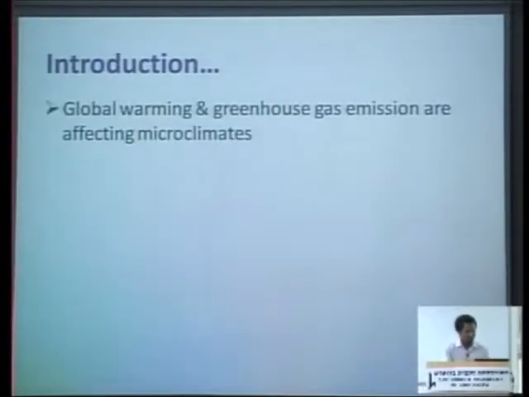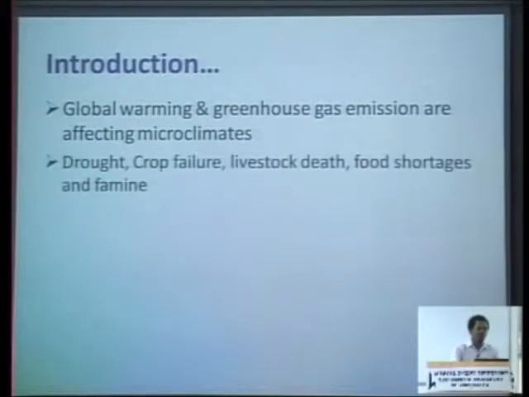As an introduction, everybody is aware of the current global warming, and greenhouse gas emissions are the most important climatic factors affecting the growth and development of crops.